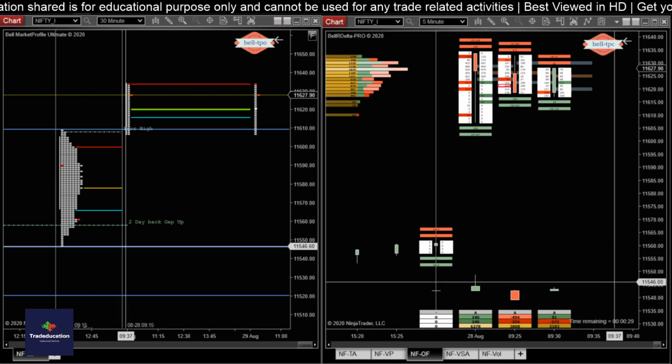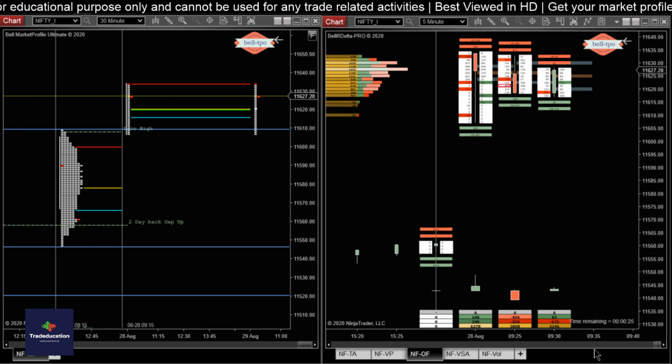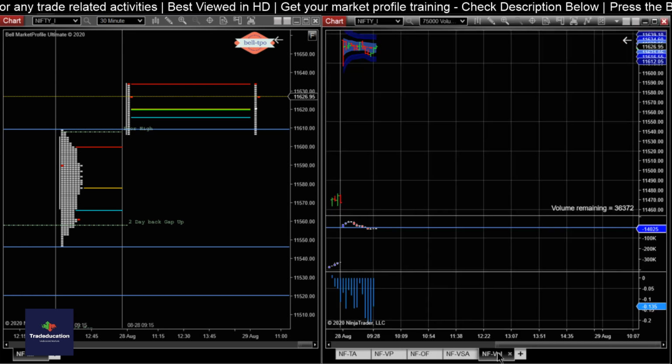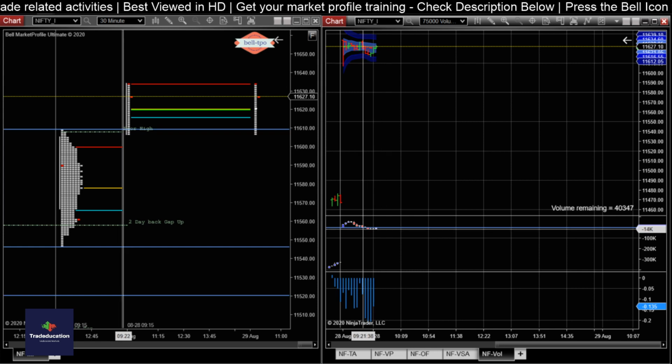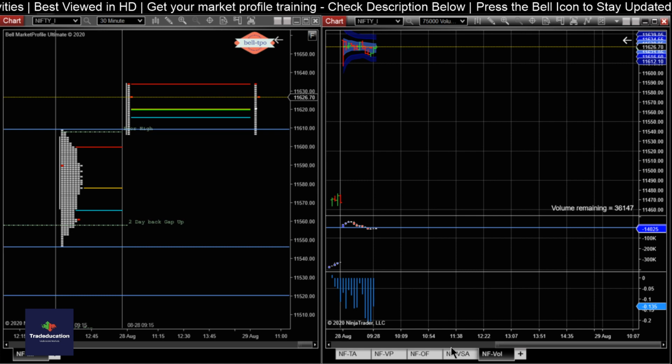And if you see the pressure, the buyers are absorbing the supply. Cumulative delta has turned flat and now it's crossed above VWAP.